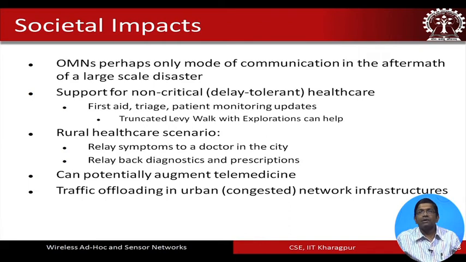That means maybe once in a day a particular villager will come in contact with a doctor, then the entire day will pass, the next day will pass, and again the chance of connectivity with a particular doctor will arise. So these networks exhibit the properties of OMNs in general.